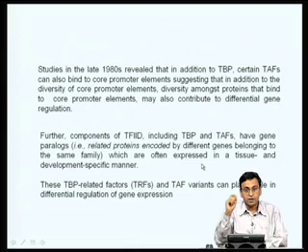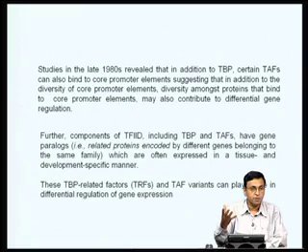What was very interesting is that many of these variants of general transcription factors were found to be expressed in a tissue and development specific manner. This was the first indication that the general transcription factors themselves are differentially expressed in certain cell types, and therefore can themselves contribute to differential gene regulation.